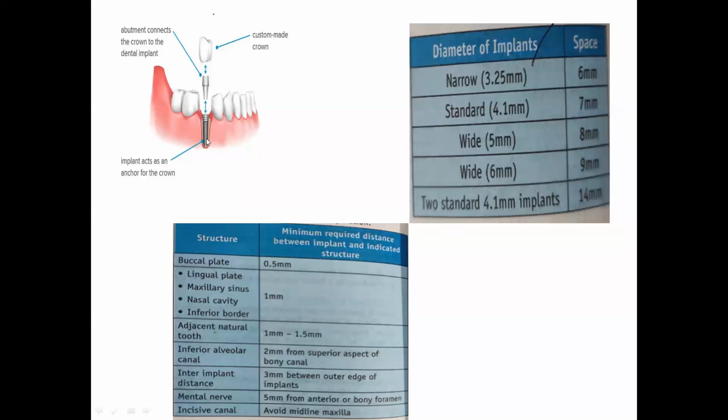Now this is with the bone and the vital structures. Now coming to the other structures nearby. This implant has a natural tooth adjacent to it. An implant has to be 1 mm to 1.5 mm away from the adjacent natural tooth.